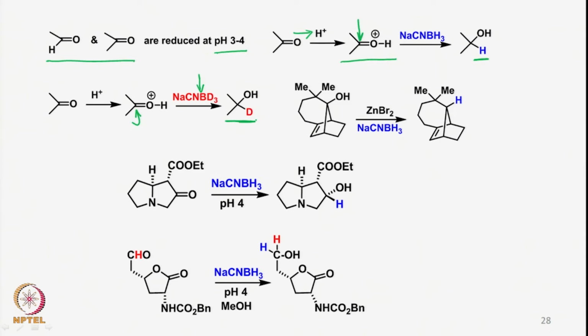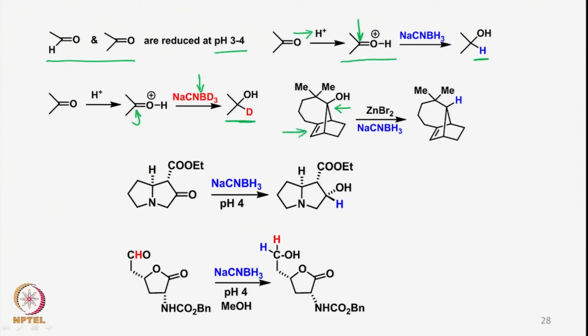For example, if we take an alcohol which is a tertiary alcohol, it can easily react with a Lewis acid and form a carbocation, which is a tertiary carbocation.